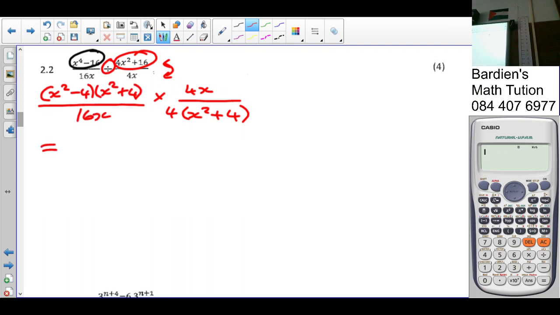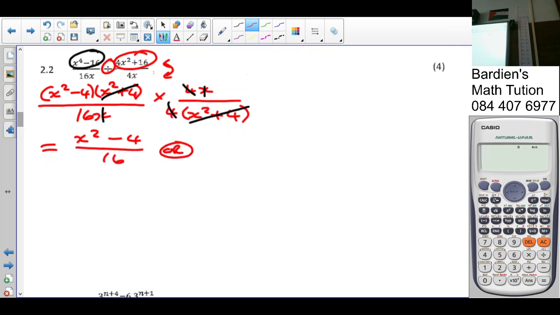Now what? Cancel, not so. So x squared plus 4, x squared plus 4 cancel. The x is cancelled, the 4 is cancelled. So what are we left with? x squared minus 4 over 16.